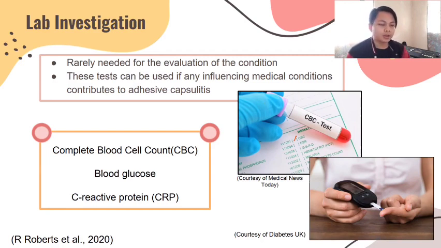So the examples of lab investigations that can be used to test for adhesive capsulitis are complete blood cell count, blood glucose, and also C-reactive protein.